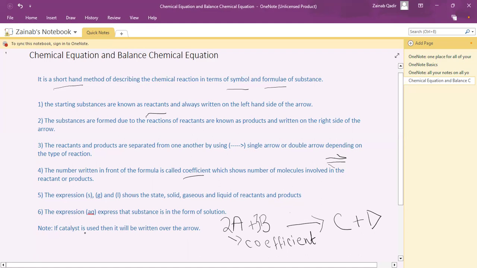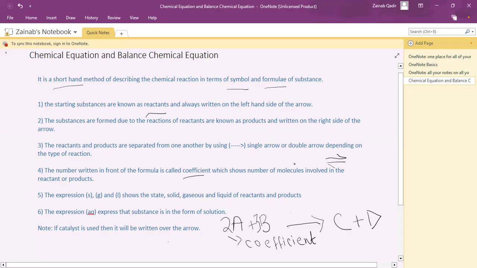A catalyst is used to enhance the reaction, but it does not take part in the reaction.